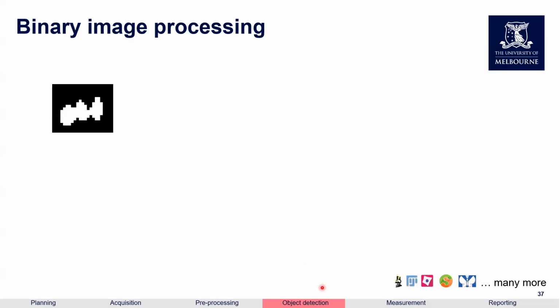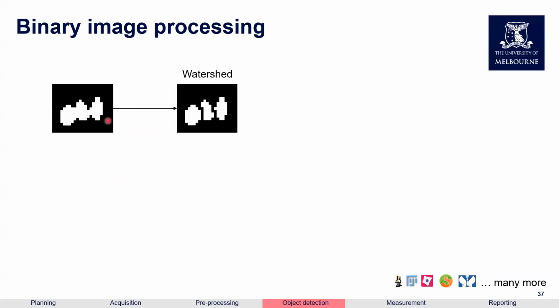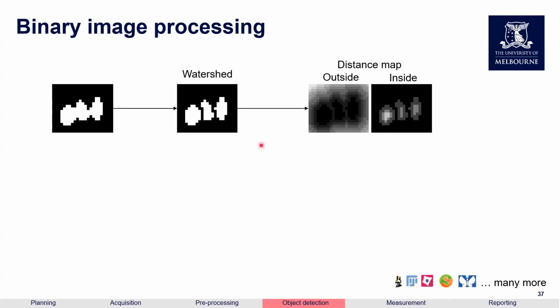After those either conventional machine learning or deep learning steps, once we have segmented the pixels and have the binary image, as I mentioned, we can refine them with more morphological operations. For example, we can separate connected particles using the watershed algorithm. We can also create a distance map like this, which assigns intensity incrementally from the object borders.